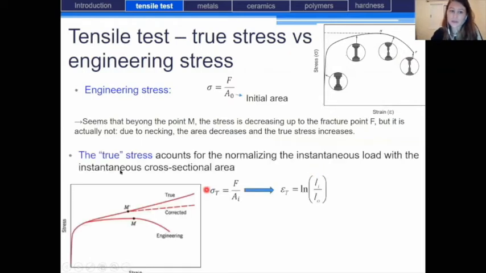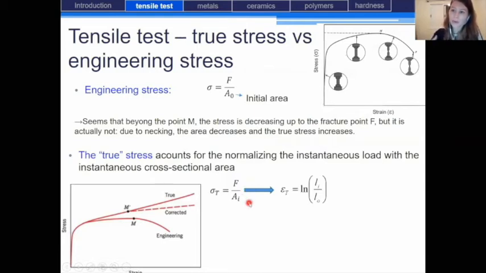So let's define the true stress. It accounts for the normalizing. So it normalizes the instantaneous load with the instantaneous cross-sectional area of the specimen. So it is the instantaneous load divided by the instantaneous cross-sectional area.